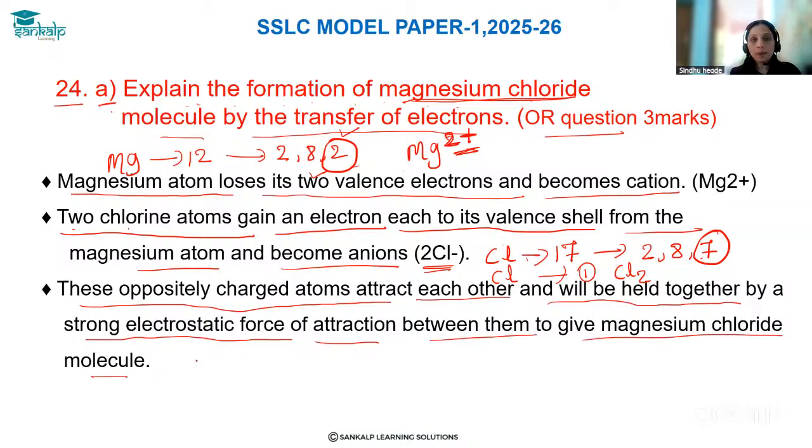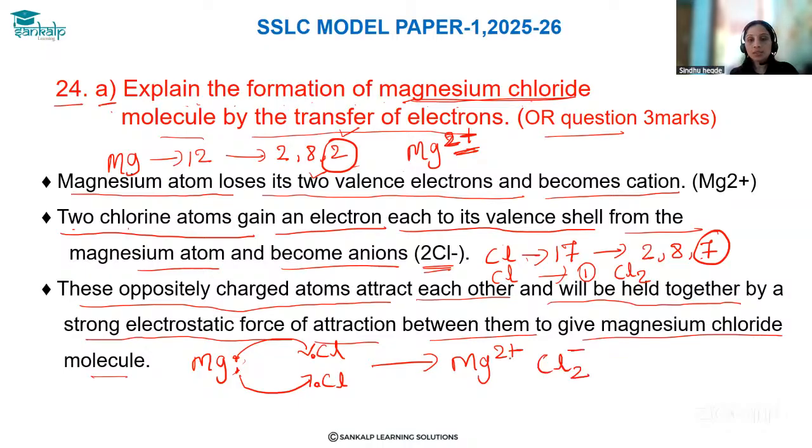Here magnesium loses 2 electrons and becomes Mg2+, and the chlorine atoms each gain one electron from magnesium and become Cl-. The plus and minus are opposite charges.